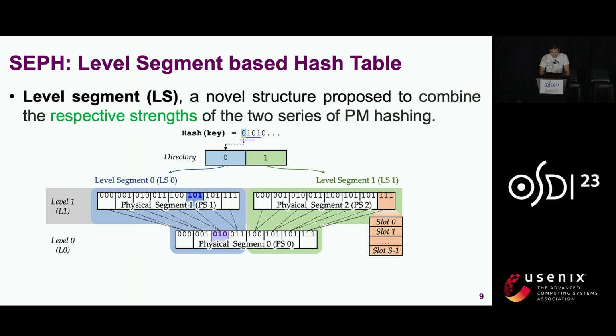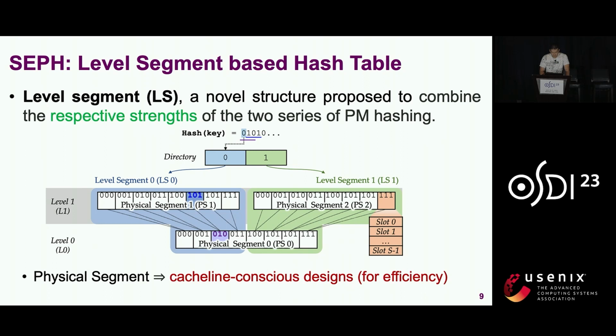This is to say, 1.5 physical segments form a level segment, which is a logical two-level structure. With the physical segment, SEPH inherits the cache line conscious design from EH-based PM hashing to achieve good efficiency. While with the level segment, SEPH has the potential to achieve cost-efficient resizing for good predictability.